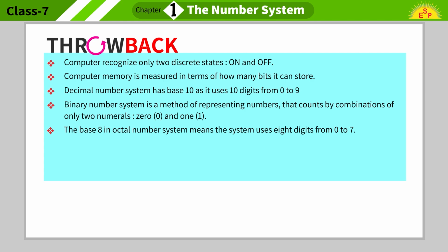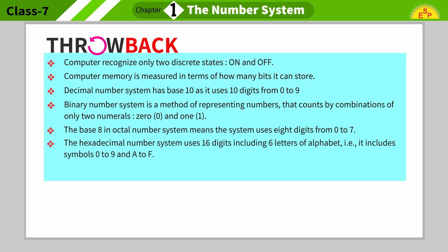The base 8 in octal number system means the system uses 8 digits from 0 to 7. The hexadecimal number system uses 16 digits including 6 letters of the alphabet, that is, it includes symbols 0 to 9 and A to F. Binary addition is a key for binary subtraction, multiplication and division.